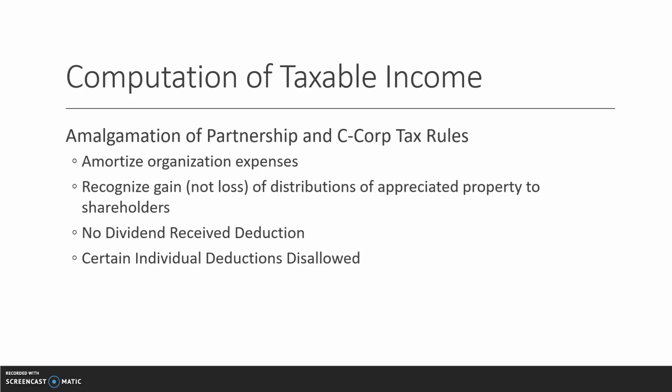You're going to see how we talk about that here at the back end of the presentation. There is no dividend received deduction, so that is different than a C Corp. And then certain individual deductions are disallowed, and those are going to be the deductions like alimony payments, personal moving expenses, dependent care expenses, the personal exemption, and the standard deduction.